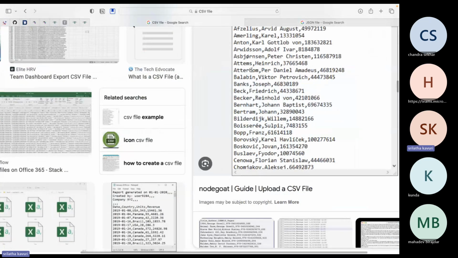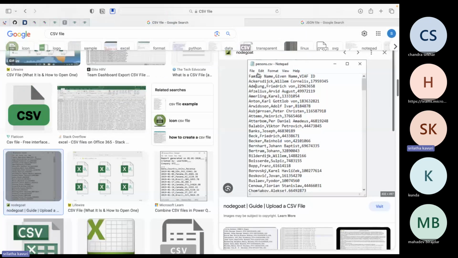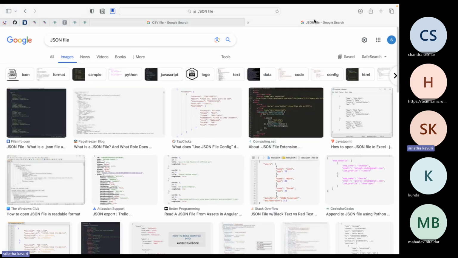If you look at this file, you have something like family name, given name, and an ID that keep repeating, right? At the same time, this file can be straight away uploaded into a SQL database so that the data can be converted into a table. This is structured data because it has a specific pattern and a proper way that it can be expressed as a table.